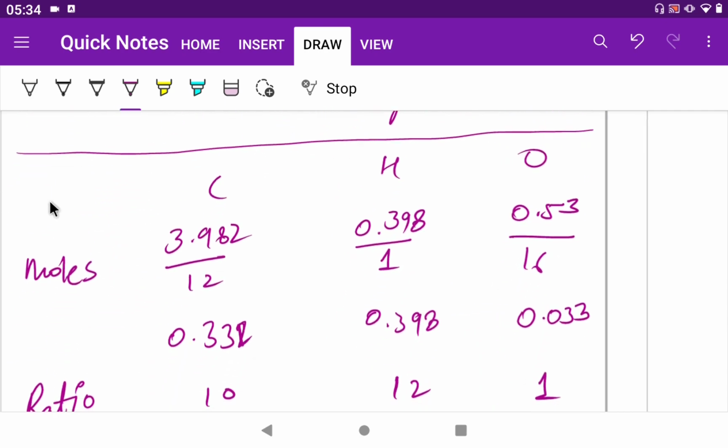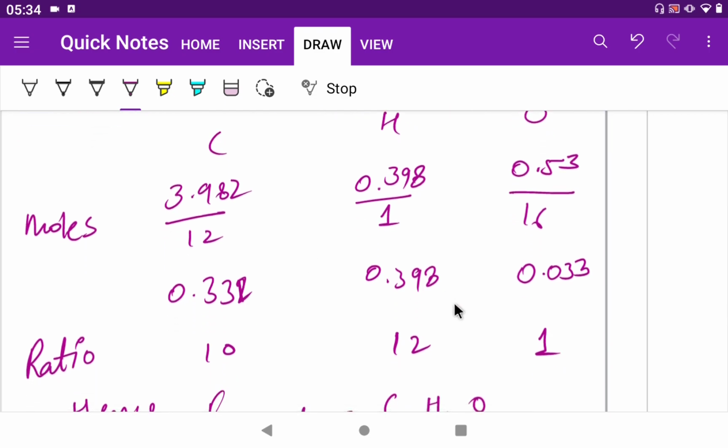Now we have to find out the number of moles of these individual atoms. So carbon divided by its atomic mass, hydrogen divided by its atomic mass, and oxygen divided by its atomic mass. So the moles come to 0.033, 0.398, 0.332. So I have to divide by the smallest one.